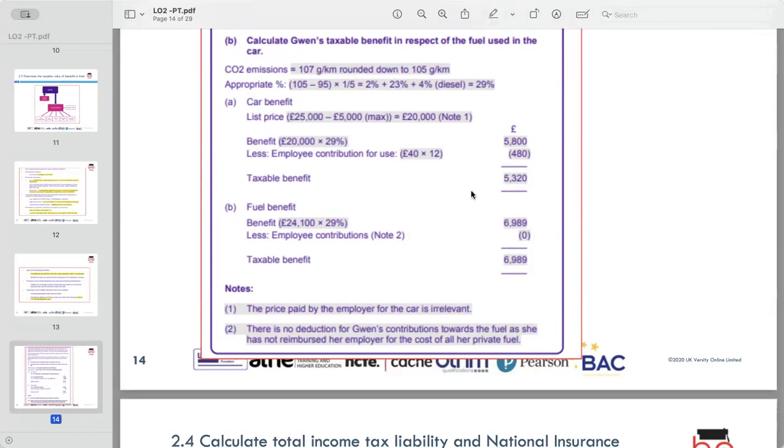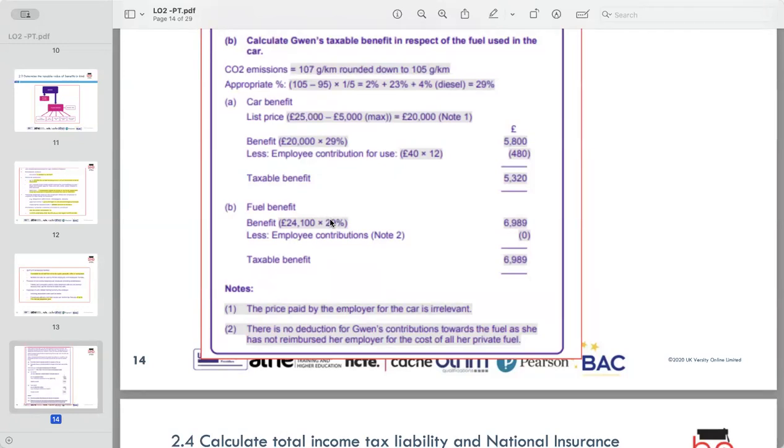We use the appropriate percentage of 29% applied to the total value of fuel provided by the employer, which is £5,000 for diesel expenses, of which 50% is for private journeys.